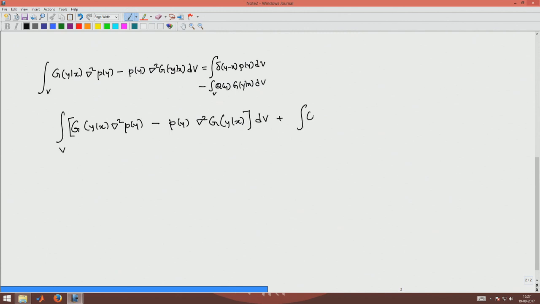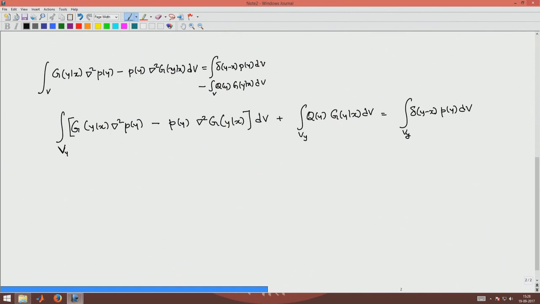So, this will be q y g y comma x dV over the volume, and on the other side what remains is delta y minus x p y dV. Remember, here we are doing the calculation wherein the variable is essentially y. It is not x, it is y. So, each of these variables of integration is basically on y. Just to remind ourselves, we can put that y in the subscript here, so that we are able to appreciate this fact.